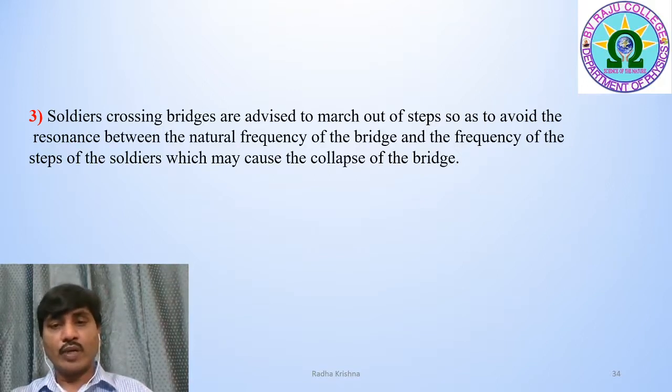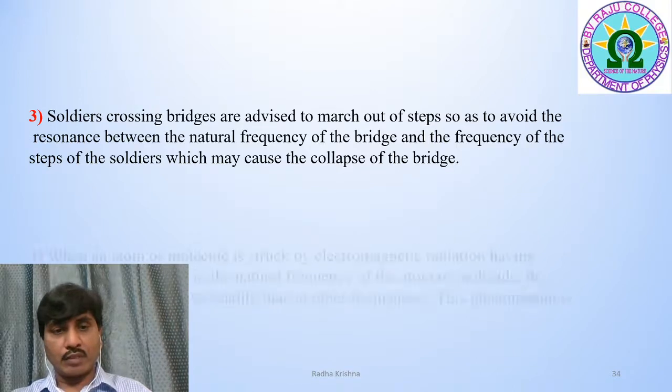That means when soldiers cross a bridge with some frequency, if the frequency of their marching is equal to the natural frequency of the bridge, then due to resonance the bridge oscillates with maximum amplitude. Due to this the bridge may collapse. So soldiers crossing bridges are advised to march out of step to avoid the collapse of the bridge due to resonance.